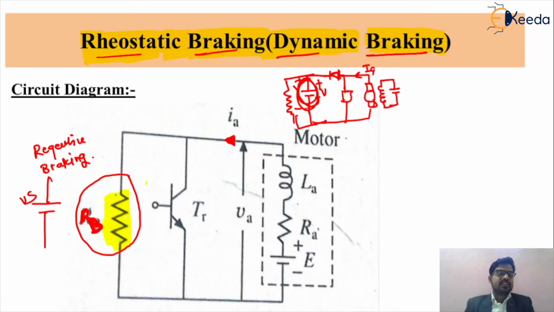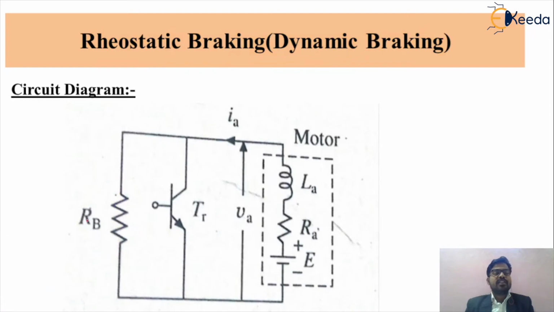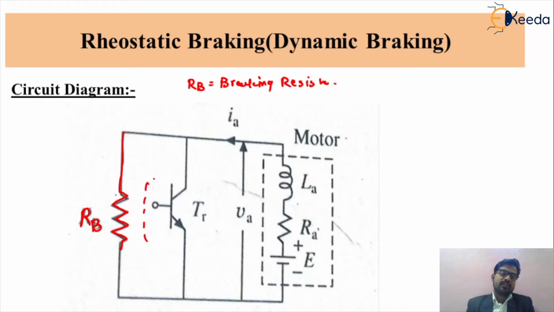Friends, let's understand the different elements. RB is called the braking value of your resistor, or braking resistor. In the circuit, we are using a chopper as a transistor.